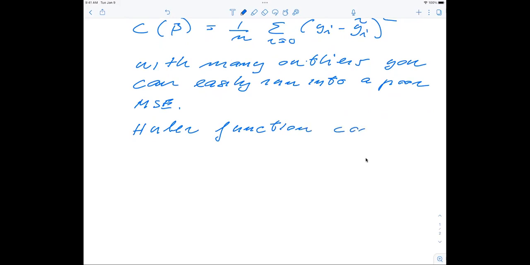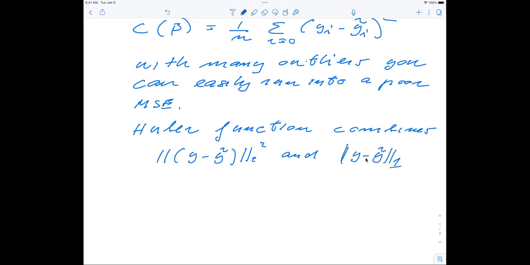So that combines, and now I'm just writing the mean squared error like this, y minus y tilde, the norm 2 squared, and the norm 1 of y minus y tilde. So this is just the absolute value. That means that you will not be able to obtain a nice analytical result, but you would have to calculate the gradients numerically.